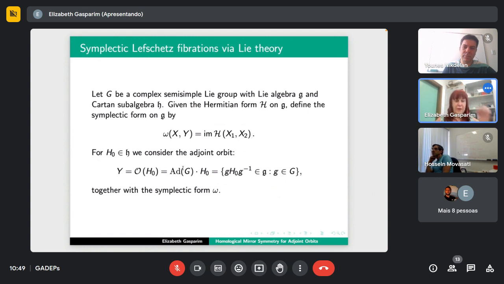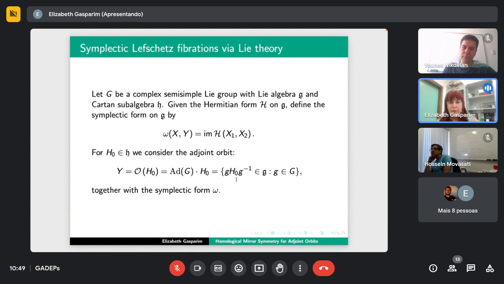So the symplectic manifolds that we're going to consider will be adjoint orbits of any semisimple Lie algebra. Here's just a definition of adjoint orbit: the orbit of an element H naught by the adjoint action of the group. Therefore, if you're thinking of a Lie algebra of matrices, that means you choose your matrix H naught and consider all the conjugates of it, and that will give you the adjoint orbit.